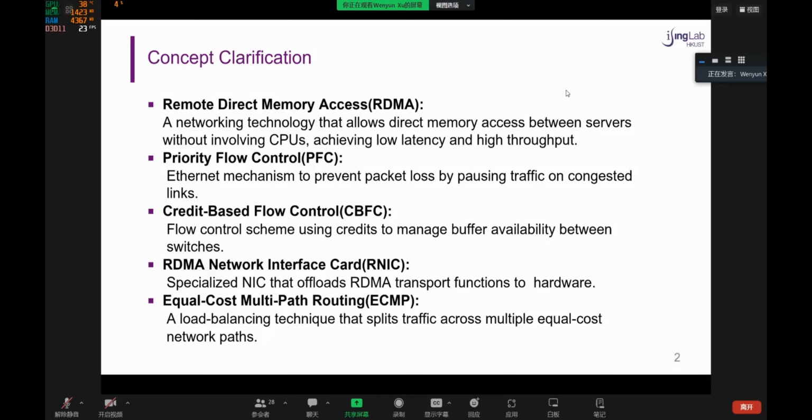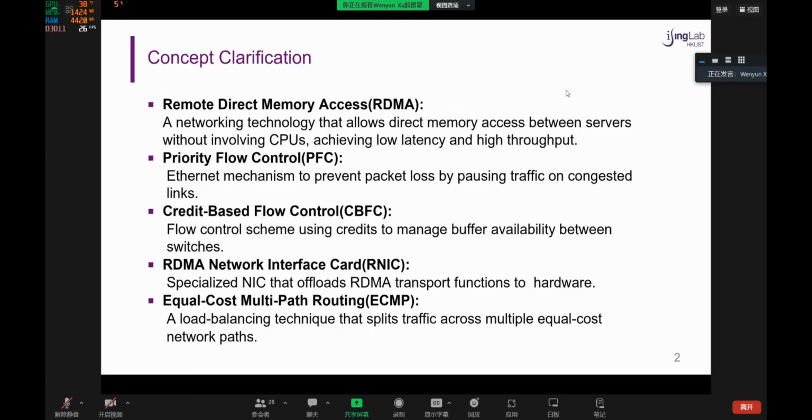To make RDMA reliable, traditional systems rely on PFC, Priority Flow Control, and CBFC, Credit-Based Flow Control. These mechanisms prevent packet loss by pausing traffic or by tracking available buffer credits. However, they also cause serious issues, such as head-of-line blocking, congestion spreading, and even network deadlocks.